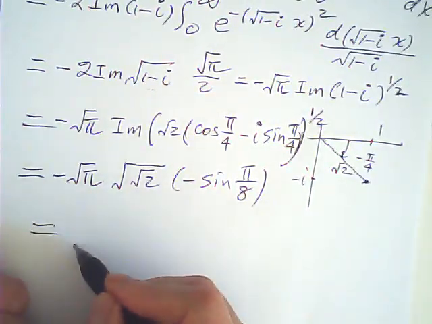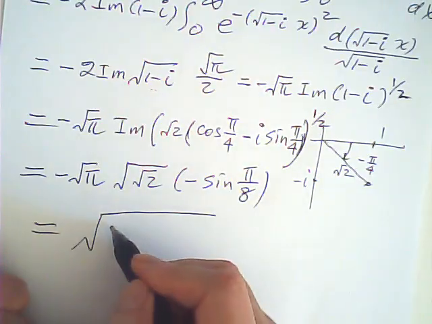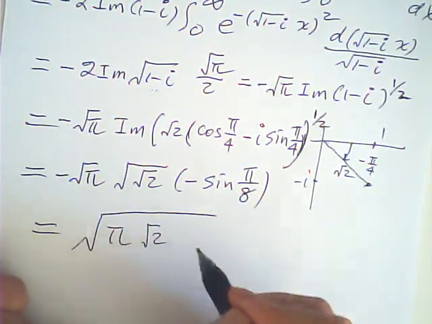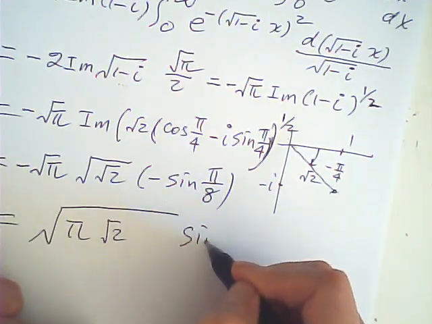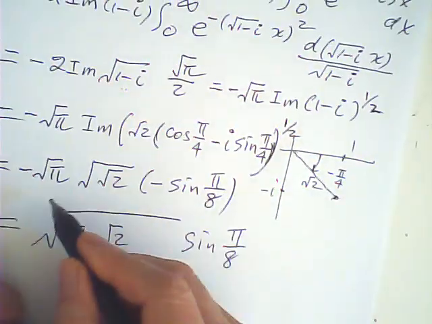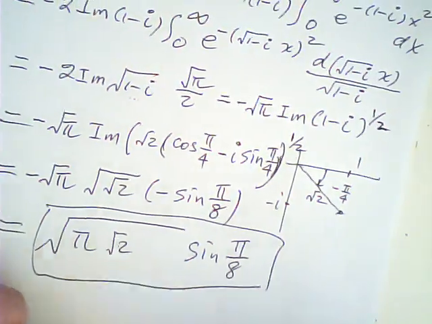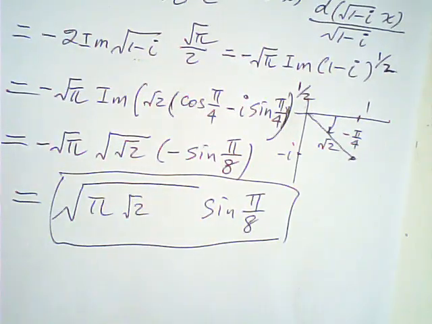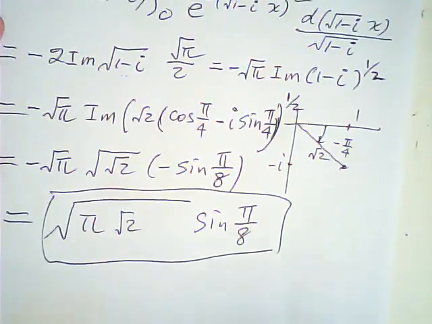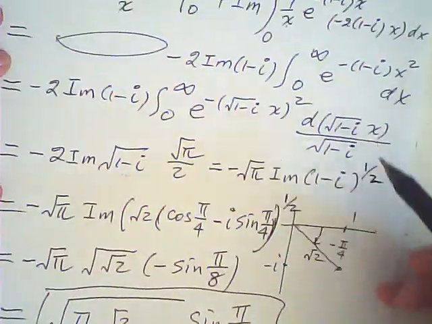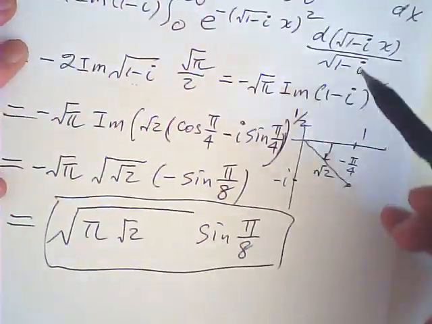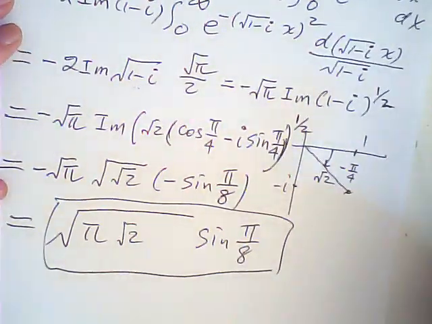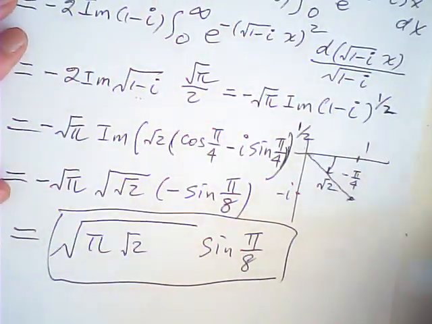Finally this is equal to square root pi times the fourth root of 2 times sine pi over 8. Yeah, that is the result. Good. I use a conventional way, integration by parts. The only thing that I'm using is the Gauss integral. Yeah. Thank you.